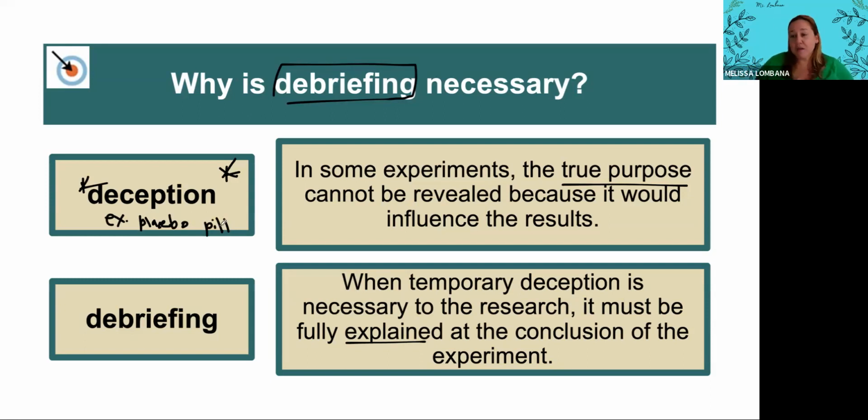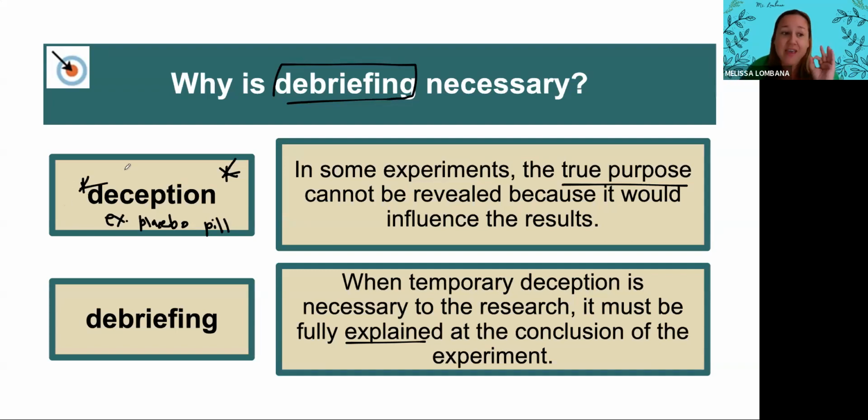So if they're using a placebo pill, right, they cannot tell the control group, hey, by the way, we're doing this experiment with this medication and I'm giving you a fake pill, okay, to see if you're gonna react or not. So you can't do that, right? Because it's gonna mess with your results. So be very clear that they're only deceiving them because if they knew the truth, then it would influence their results.